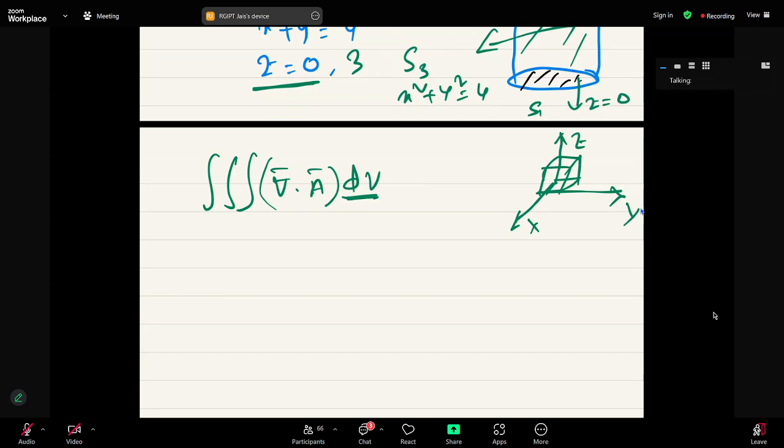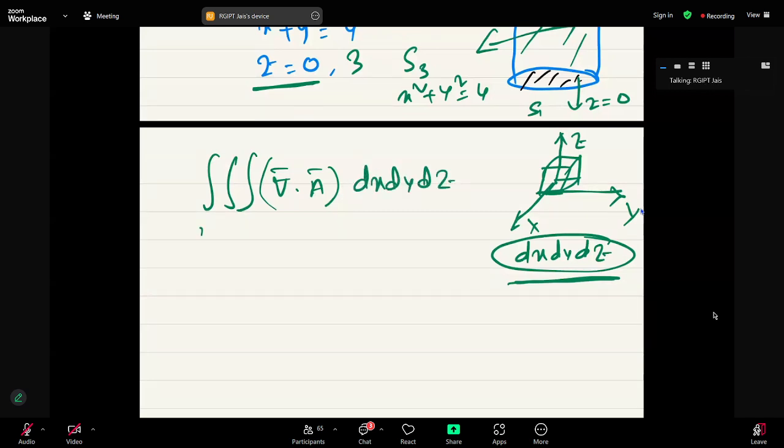Yes. Simply, volume means you take the product of all, because these are an orthogonal coordinate system. So in the Cartesian coordinate system, your volume element is always dx, dy, and dz. So you replace dV simply by dx, dy, and dz. And this part you can do.